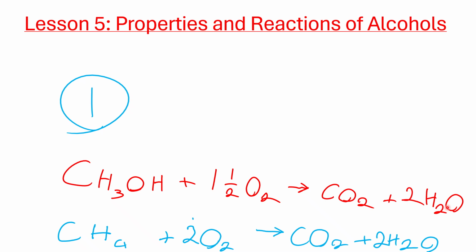One important thing to note for combustion reactions with alcohol is that they use fewer moles of oxygen when they react than alkanes use for the same chain length. It's also notable that they release a lot of energy in this process, hence alcohols are good fuels.